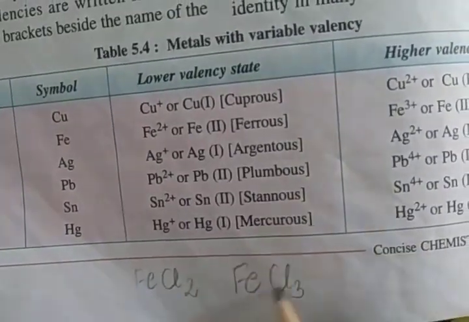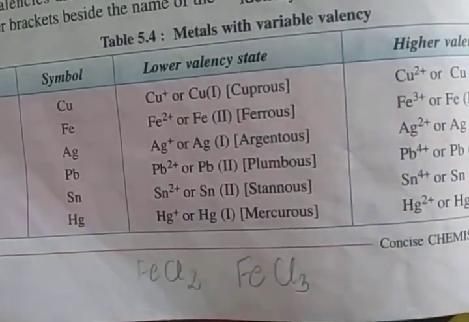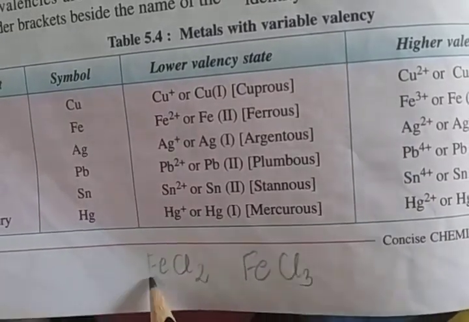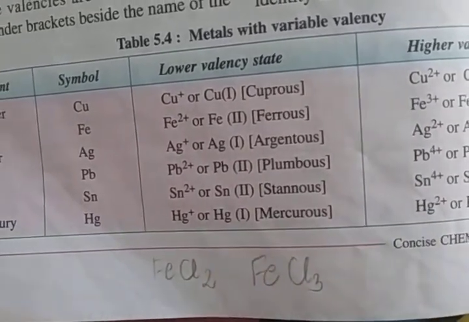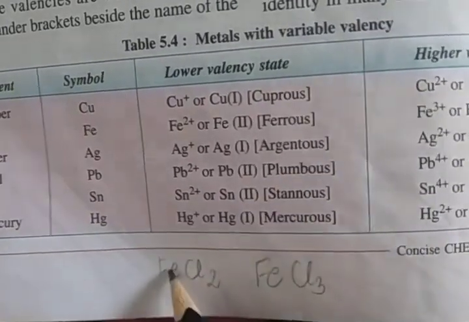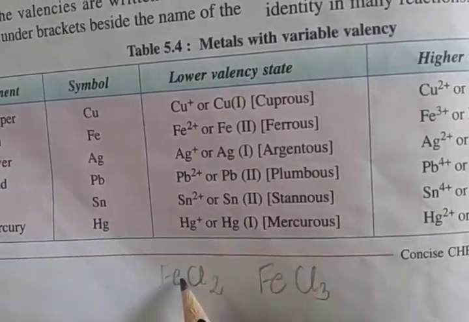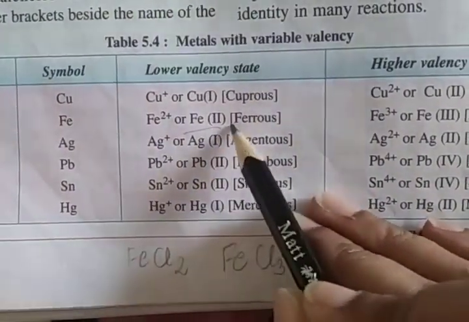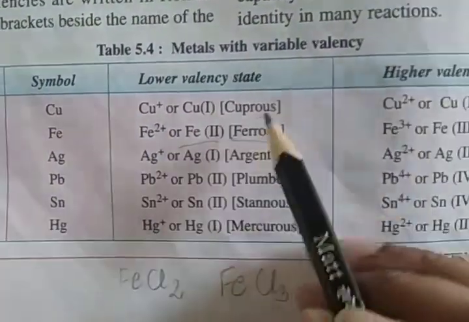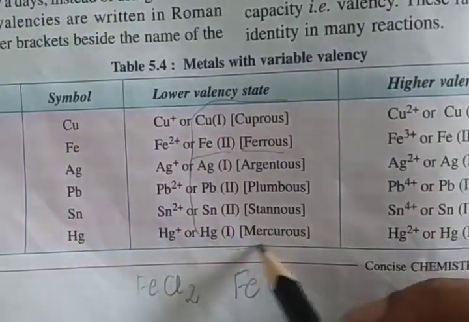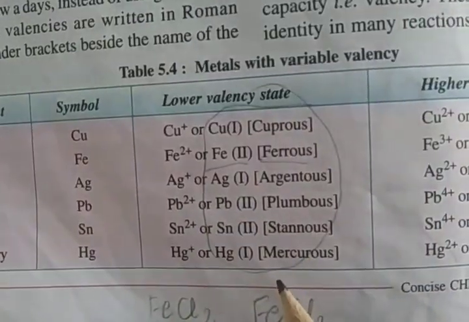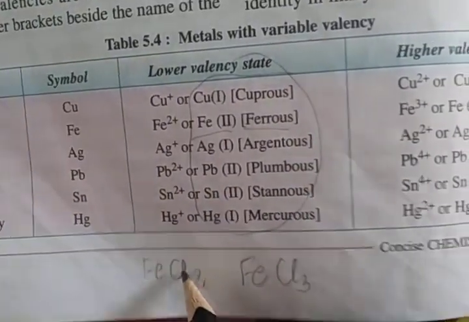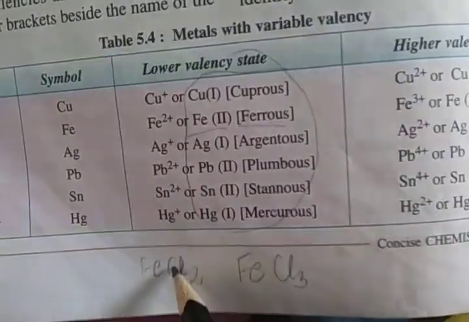How will we name these two compounds? When iron combines with 2, the valency of iron here is 2. So in such a case, iron is called iron 2 or ferrous. This is only for naming. It will be iron 2 chloride, or you can call it ferrous chloride.